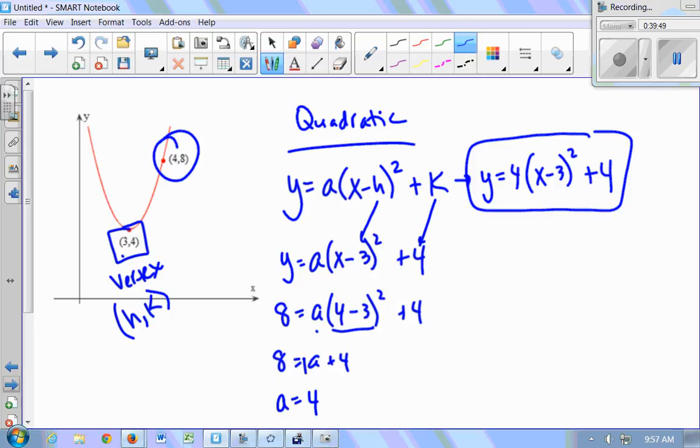All right, and then this one is just any other point. Once you've plugged in your h and your k, we have to figure out what a is. That's the only unknown left. So you take any other point, put in the y coordinate for y and the x coordinate for x, and you can solve for the a.